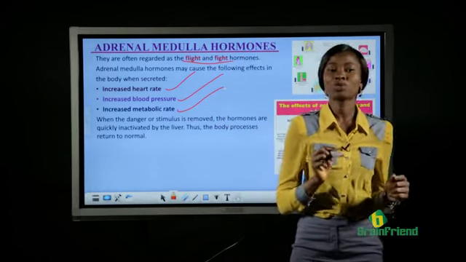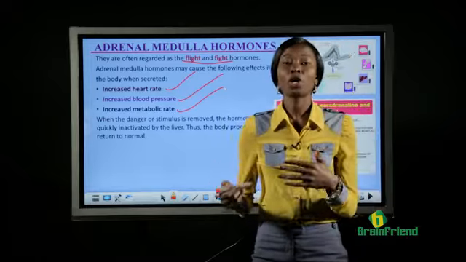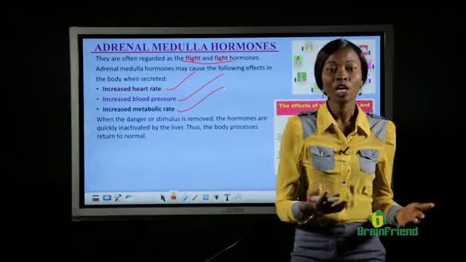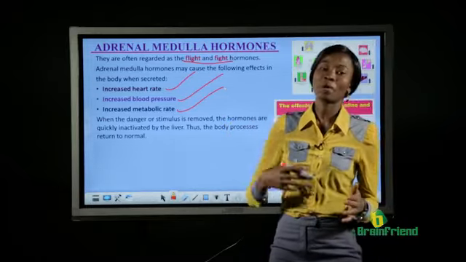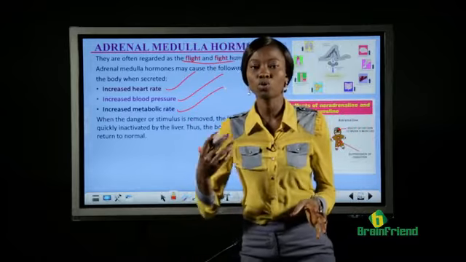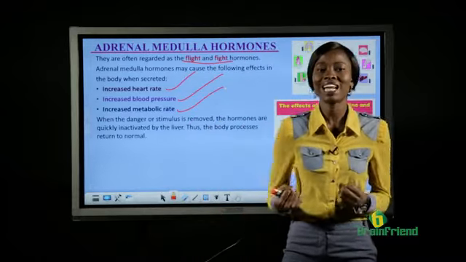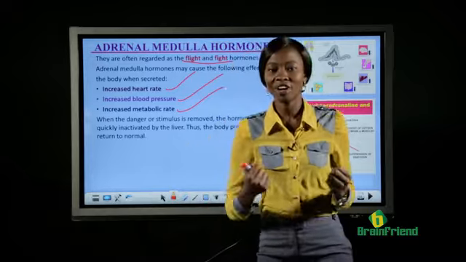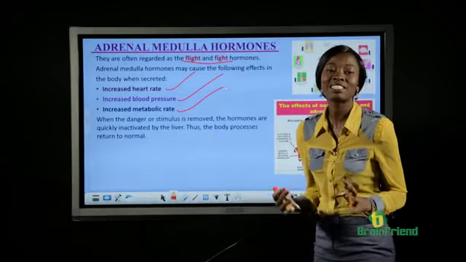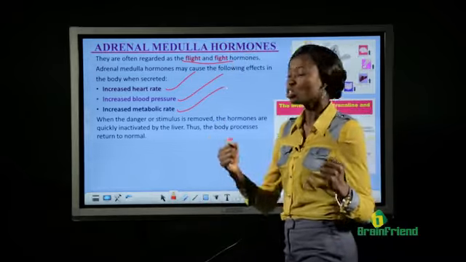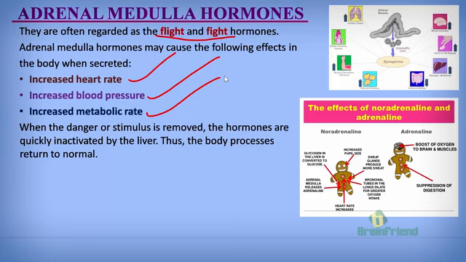At that time, your blood pressure also increased. At the same time, in the metabolic processes in your body, more glucose is produced to generate energy. If it's a fight, you have enough energy to withstand it, whatever it is. So it causes these three effects amongst other effects: increased heart rate, blood pressure, and metabolic rate.